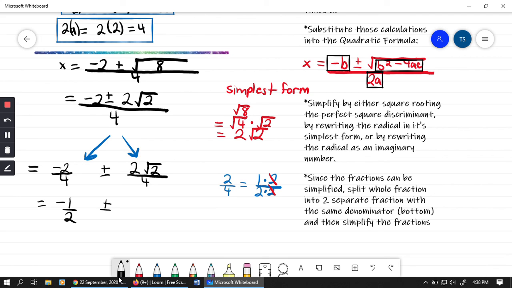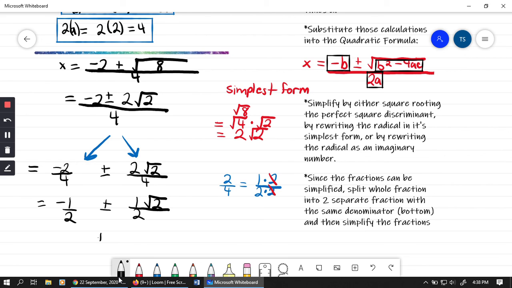The 2 over 4 is the part that simplifies. The square root stays the same, but the 2 over 4 simplifies to 1/2.